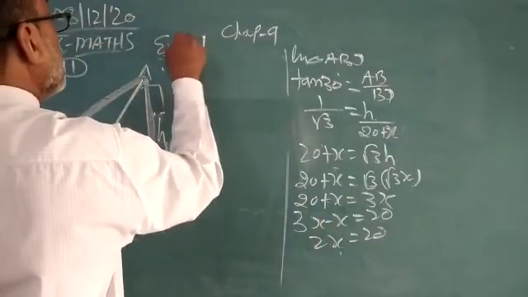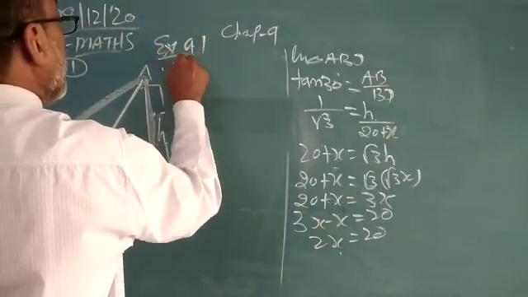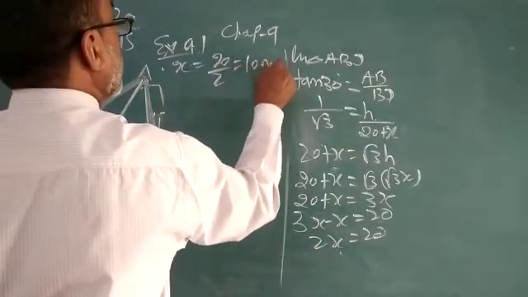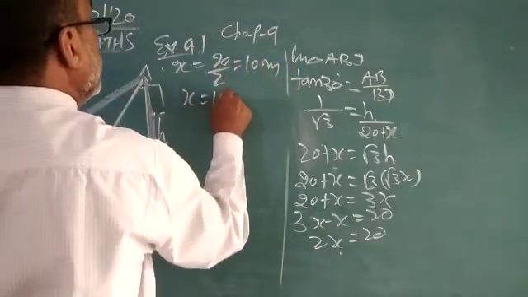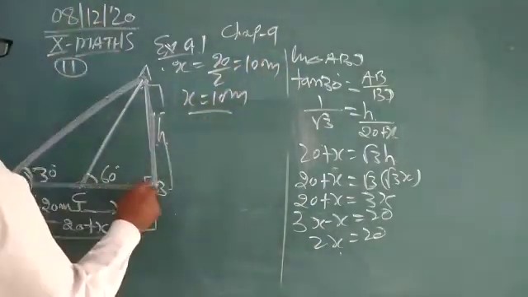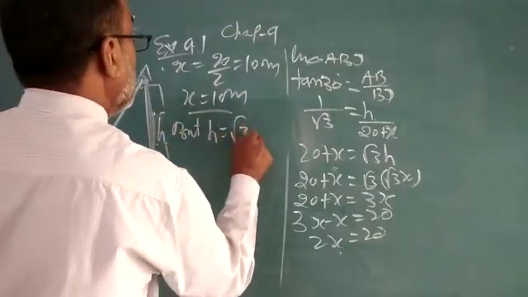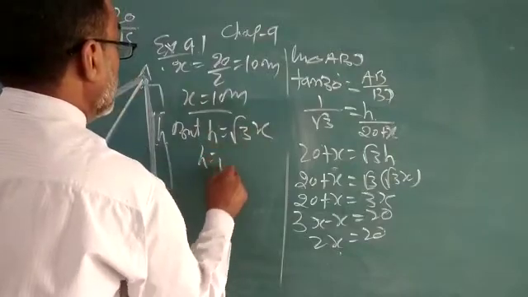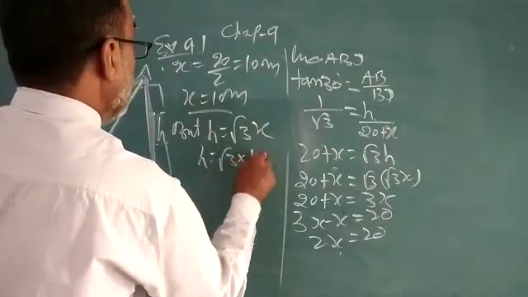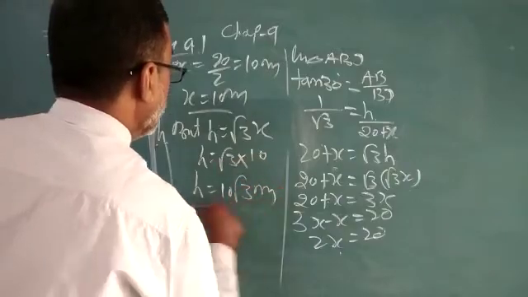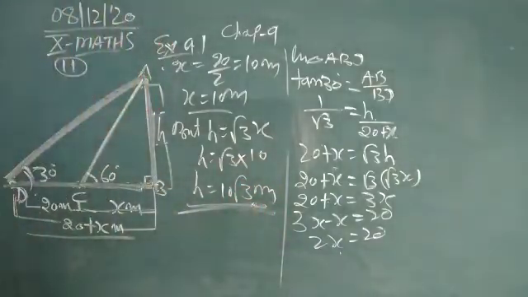Therefore X equals 20 upon 2, which means 10 meters. So this distance is 10, but what is H? H equals root 3 X, H equals root 3 into 10, so H equals 10 root 3 meters.